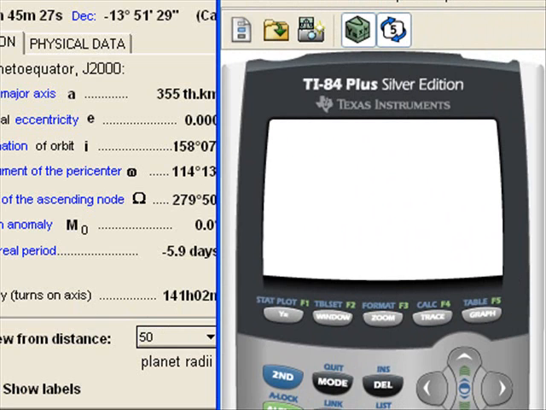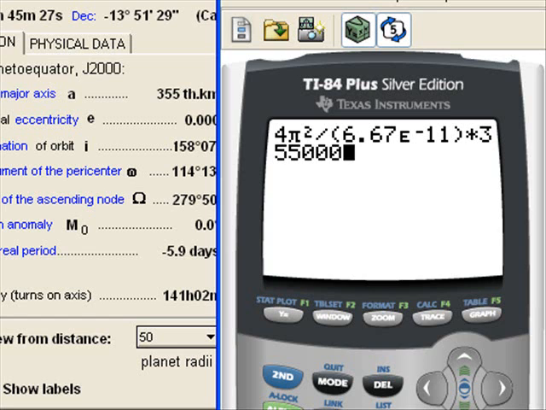So according to Newton's form of Kepler's third law, this would be 4 pi squared divided by the gravitational constant, multiplied by the distance, 355,000 kilometers, which has to be converted to meters, so another 3 zeros, because it has to be base units, and that needs to be to the third power.